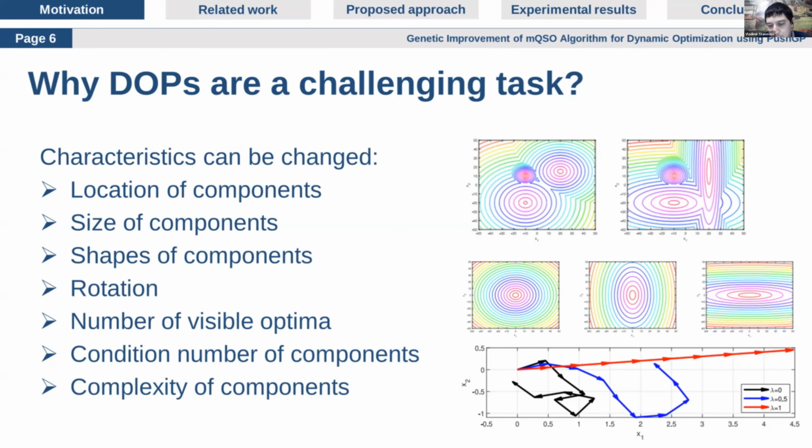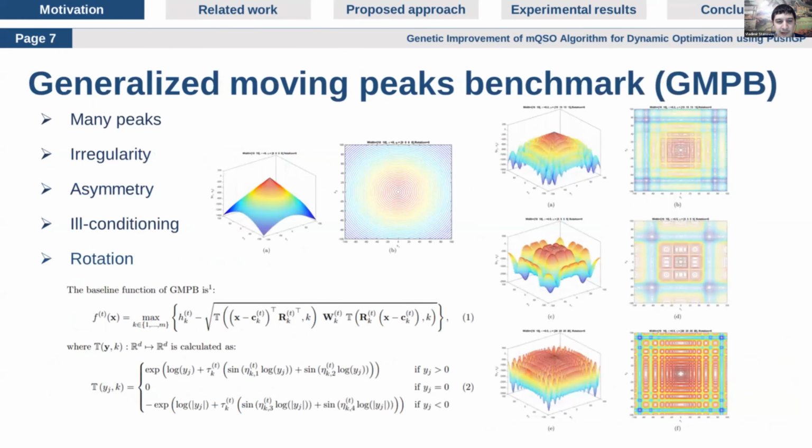So for this purpose, several benchmark sets were designed with different location of components, size, shapes, rotation, number of optima, and so on and so on. So the latest modern benchmark to test different approaches to dynamic optimization is the generalized moving peaks benchmark. It has some features like irregularity, asymmetry, ill conditioning, rotation.